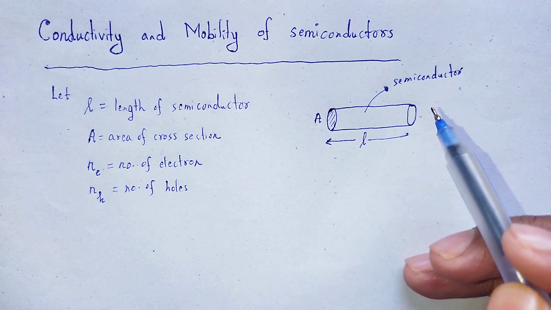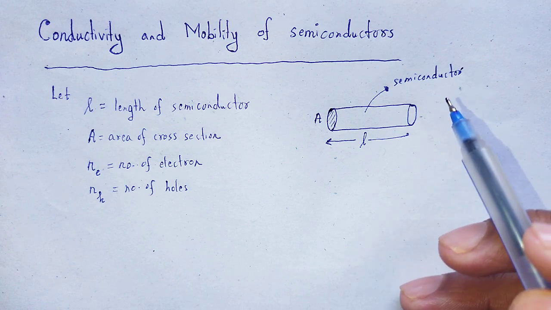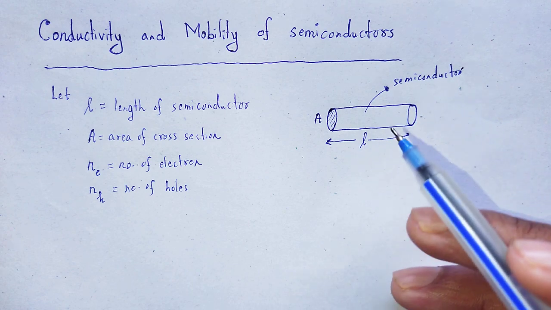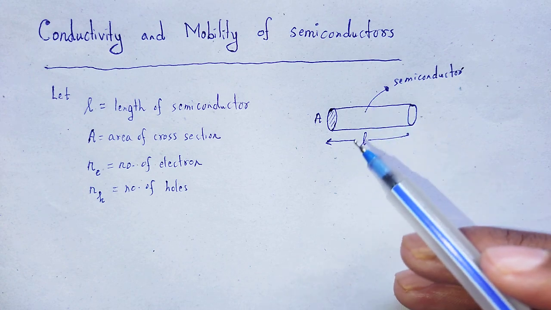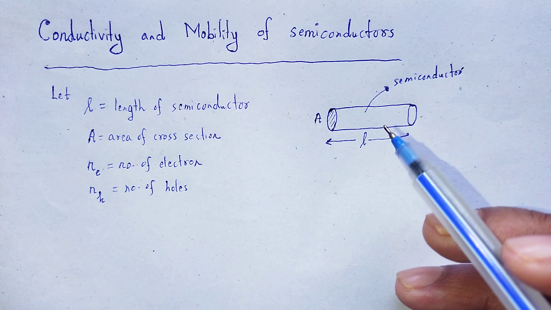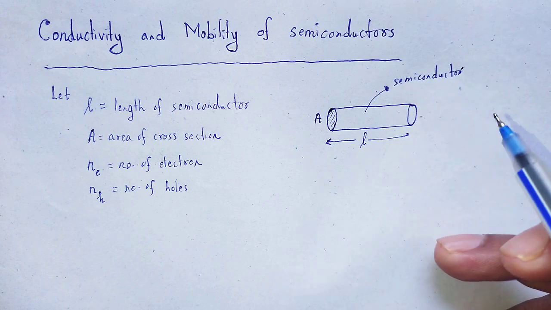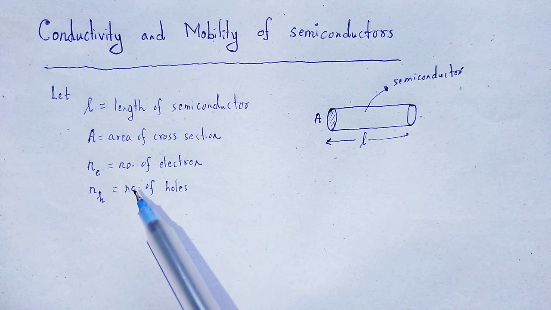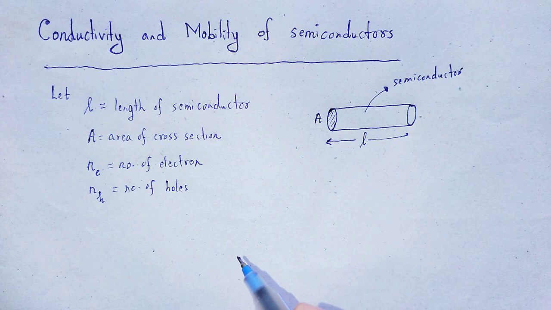On that basis, we classify extrinsic semiconductors into two categories: n type semiconductor and p type semiconductor. In an n type semiconductor, free electrons are the charge carriers. In a p type semiconductor, holes are the charge carriers. For that purpose, n is the number of electrons and n h is the number of holes.